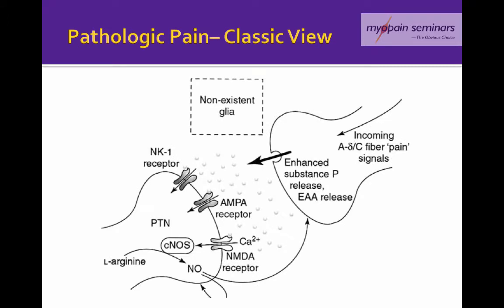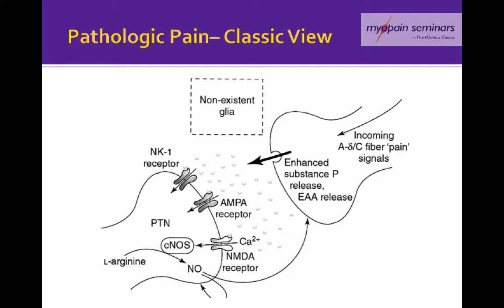In the classical pathological pain model, glia cells are not being considered as playing a pathological role in pain perception. Because in the classical view, which we have already reviewed in detail, once the substance P and glutamate are released, eventually in the pathological pain state, the magnesium plug is removed, and that causes lots of problems as we have discussed.